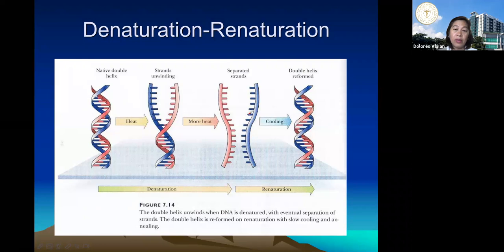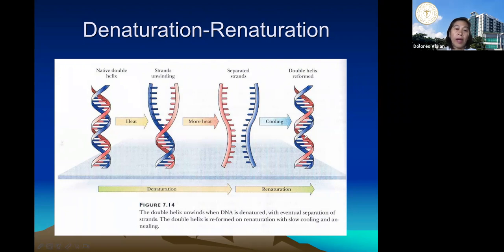You cool it down to 67, so from Tm of 87 minus 20, so 67, and expect the single-stranded DNA to renature, or there will be annealing back, okay?